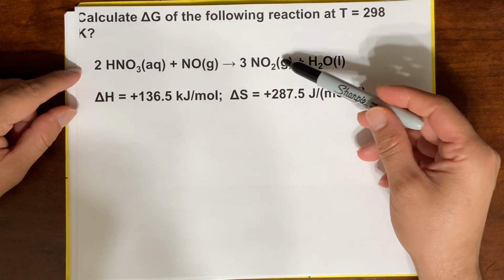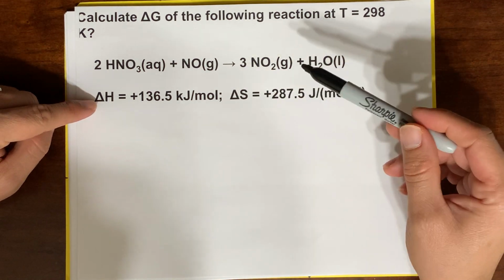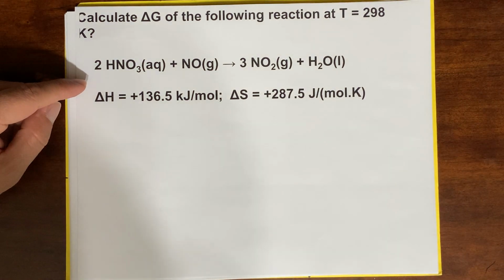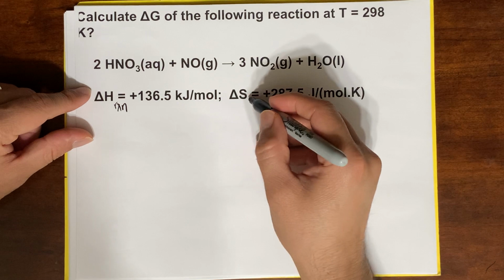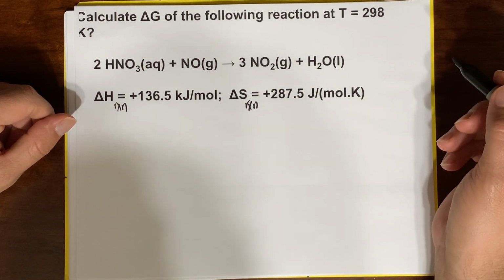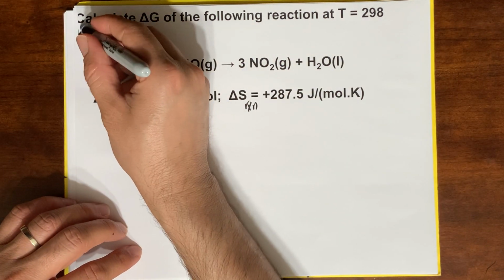We get 3 moles NO2 plus 1 mole H2O. Delta H for the reaction is given. Delta S of the reaction also is given. So this one is delta H of the reaction, and that one is delta S of the reaction. Now they are saying find delta G, and please ignore the K.